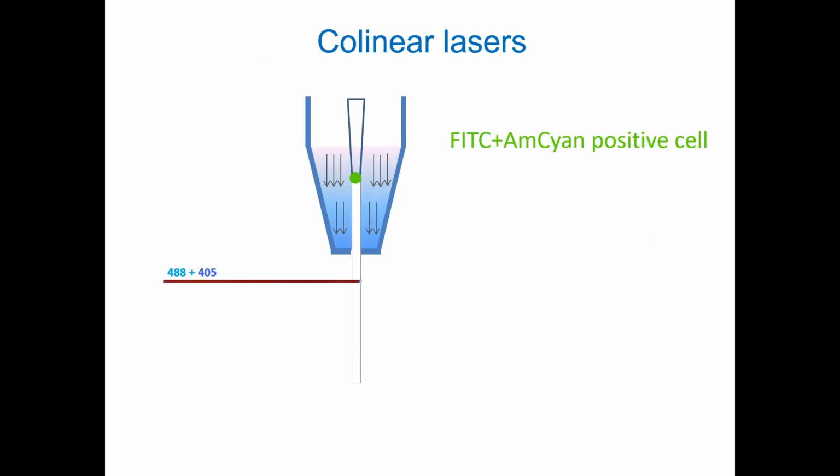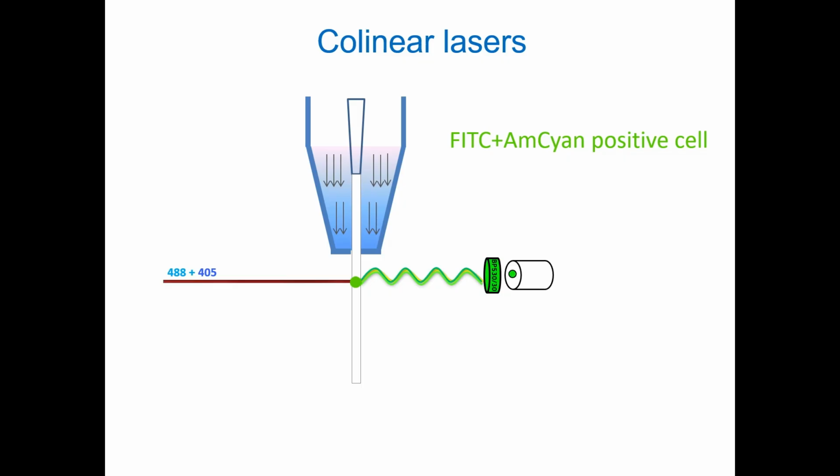In a conventional cytometer with collinear lasers, the lasers are not spatially separated, but are focused at the same point on the stream. Here we have a cell stained with both FITC and cyan, which emit at the same wavelengths. They are passing through and being excited by the 488 and 405 lasers at the same time.